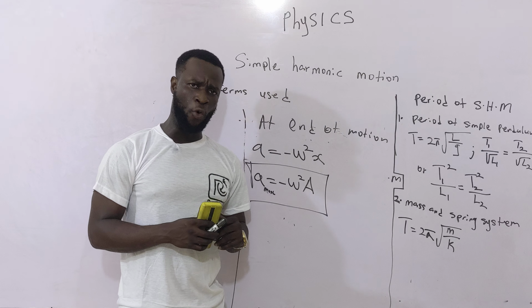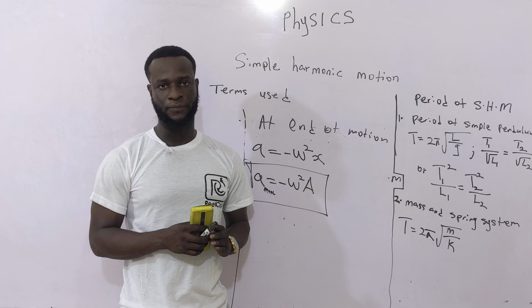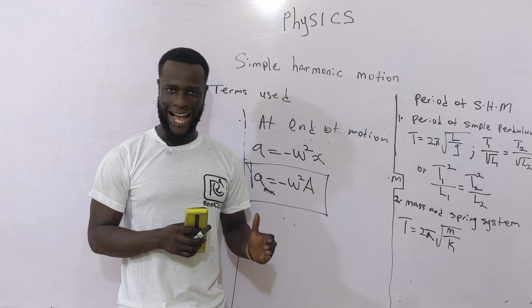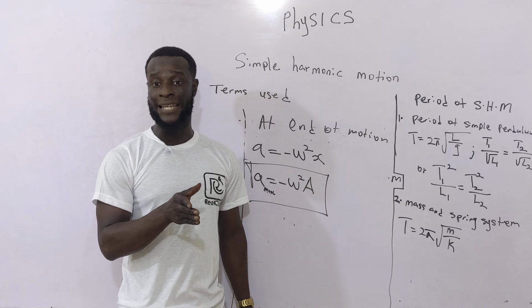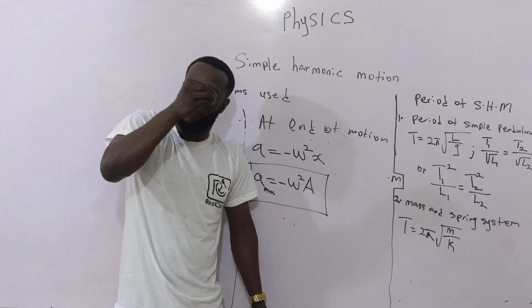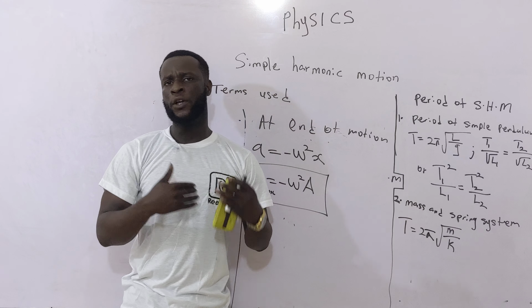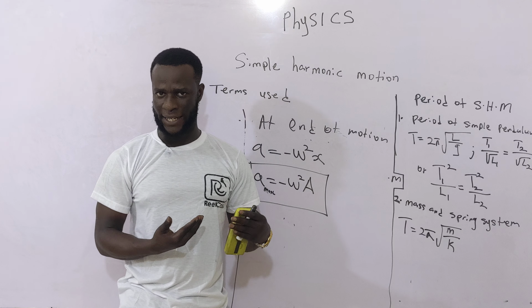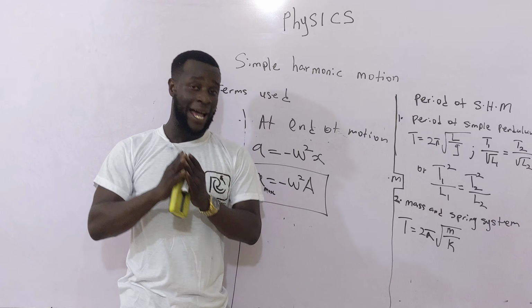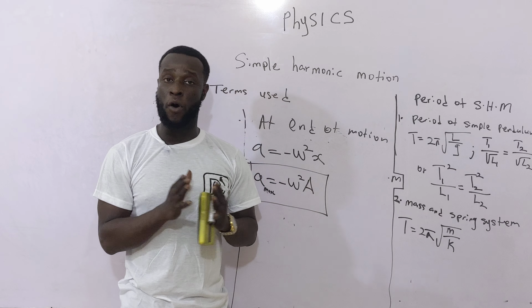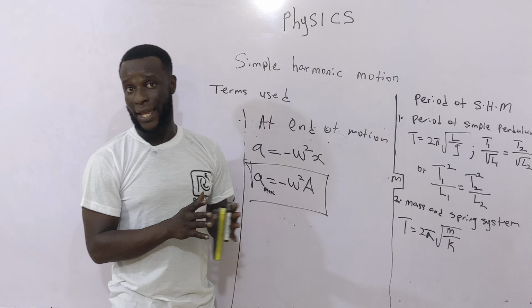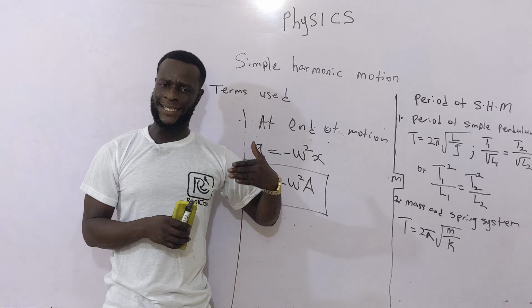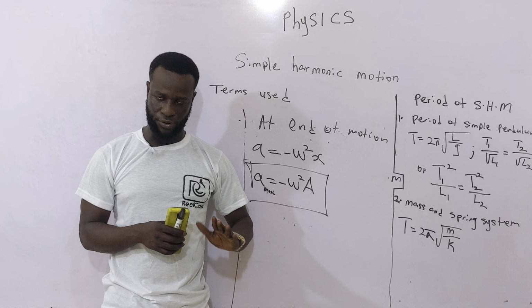Now, if velocity is equal to 0 at the end of motion, kinetic energy is equal to 0 at the end of motion. It also means that potential energy will be maximum at the end of motion, because potential energy is the opposite of kinetic energy. Both potential energy and kinetic energy are forms of mechanical energy. So when kinetic energy is maximum, potential energy is equal to zero.